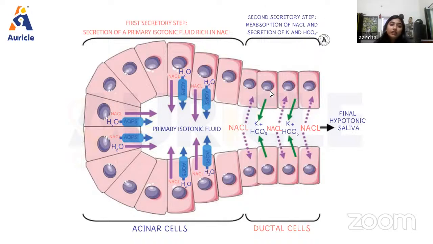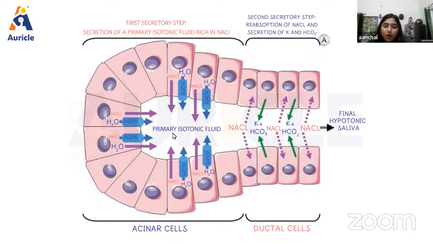If we look in detail, basically the acinar cells secrete sodium by an active process into the acinar lumen, accompanied by sufficient chloride to preserve electrical neutrality. So basically one positive ion is secreted, and to compensate, one negative ion is also secreted.